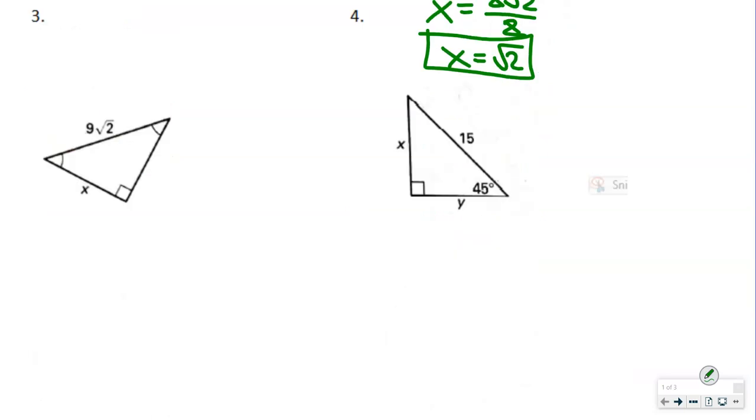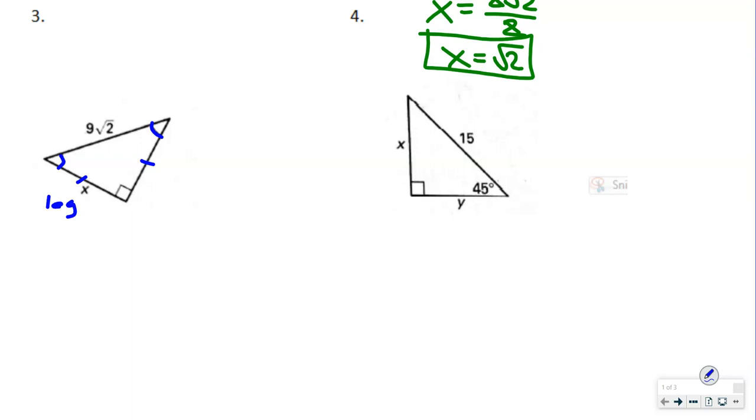Our next example. Here we have two congruent angles. So we know it's an isosceles triangle. When the base angles are the same, then those sides are the same. And we have an isosceles triangle. And we see it's a right triangle, so we know it's a 45, 45, 90. Again, we're solving for a leg.